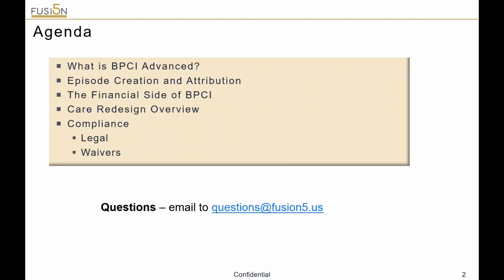So here's the agenda for what we're going to try to cover: a little bit on what is BPCI Advanced, a little bit on the creation of the episodes, a little bit on what the financial arrangements can be, or the financial side of BPCI, and some of the practices in terms of how do you become successful in BPCI, and a lot of that hinges on care redesign and an overview of that process, and some of the compliance items that crop up in terms of doing BPCI Advanced, the legal aspects, compliance to the legal waivers that exist, and other waivers that are part of the program.